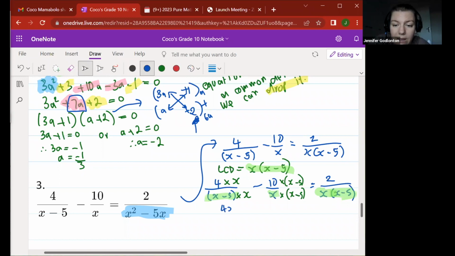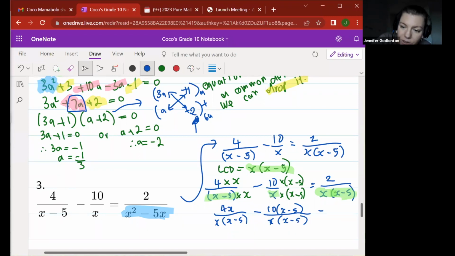So we're going to have 4x over x minus 5 minus 10 times x minus 5 over x minus 5 is equal to 2 over x minus 5. As you can see, all of our denominators are the same, and because of that, we are allowed to drop them.